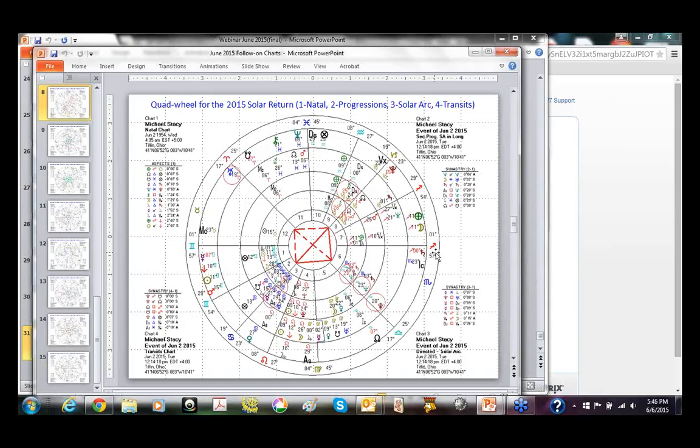Right. And again, this is moving through your house of work. So that work is changing. The dharma is changing from doing personality stuff here, and it's opposite your soul purpose. Right.